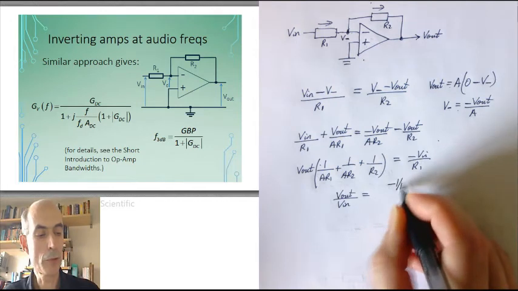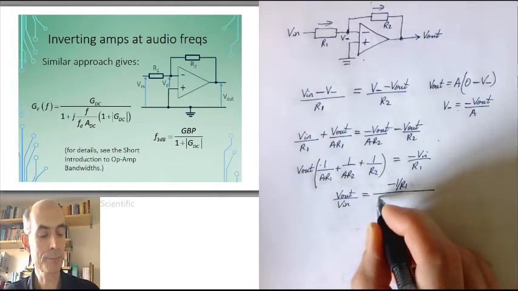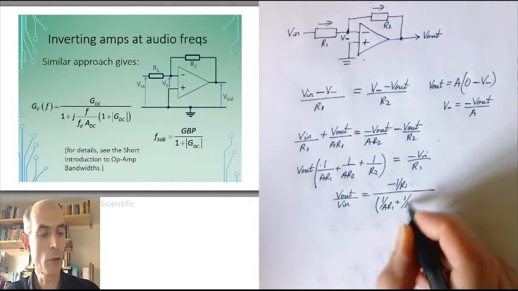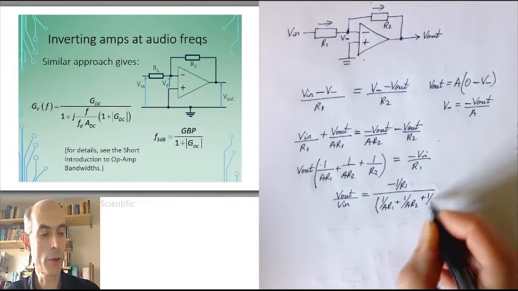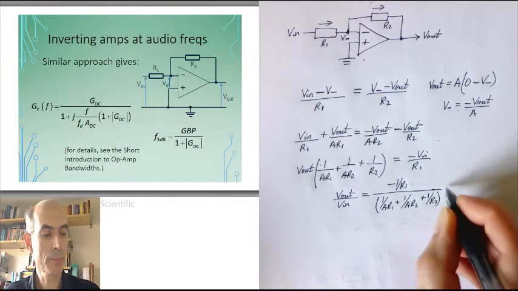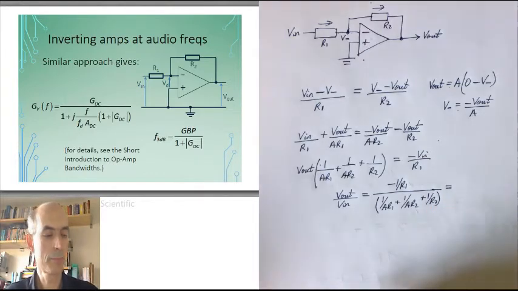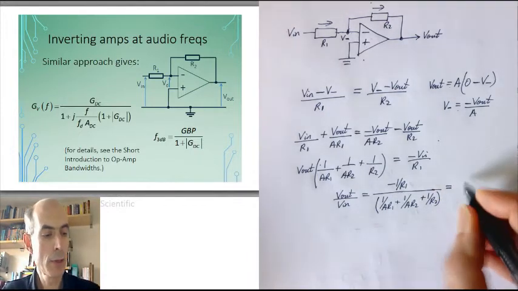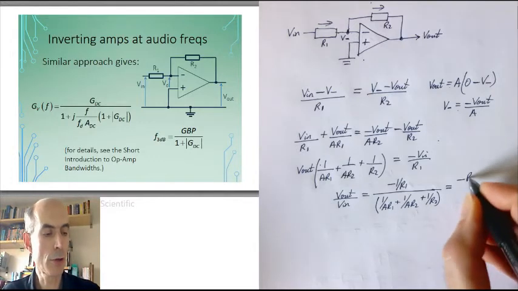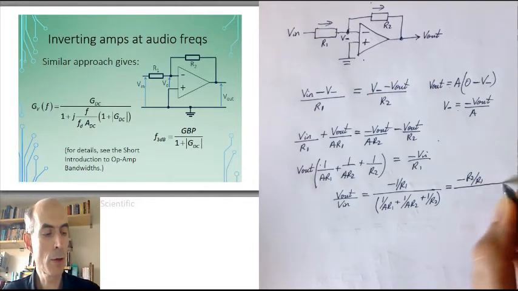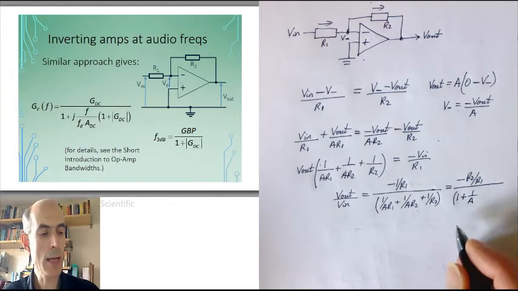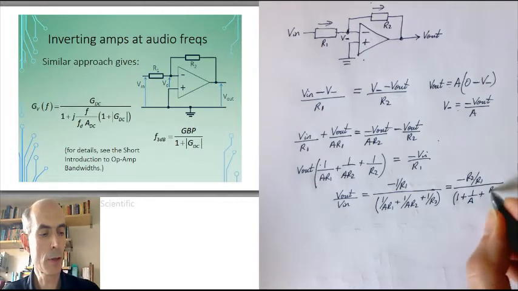minus 1 over R1 over 1 over A R1 plus 1 over A R2 plus 1 over R2. If I multiply everything by R2, that gives me minus R2 over R1 over 1 plus 1 over A plus R2 over A R1.